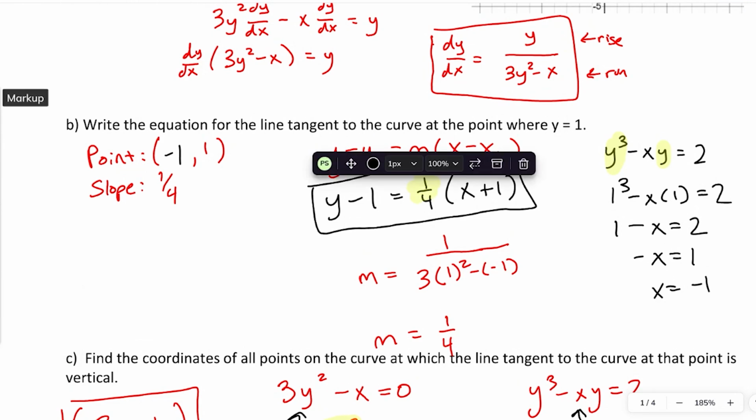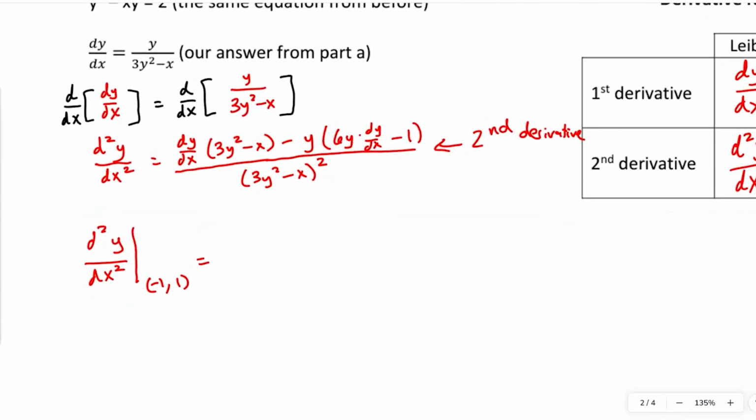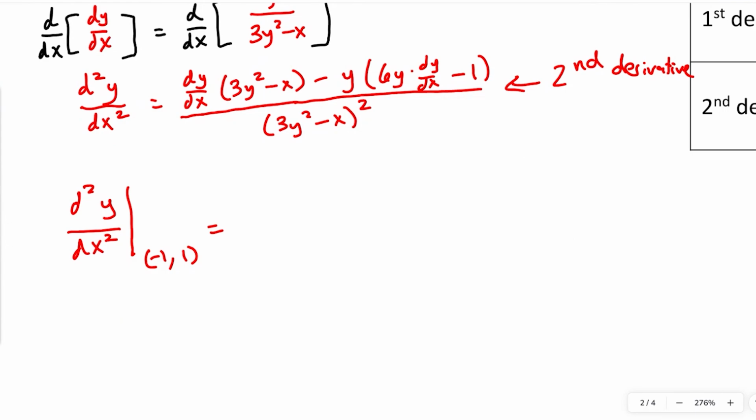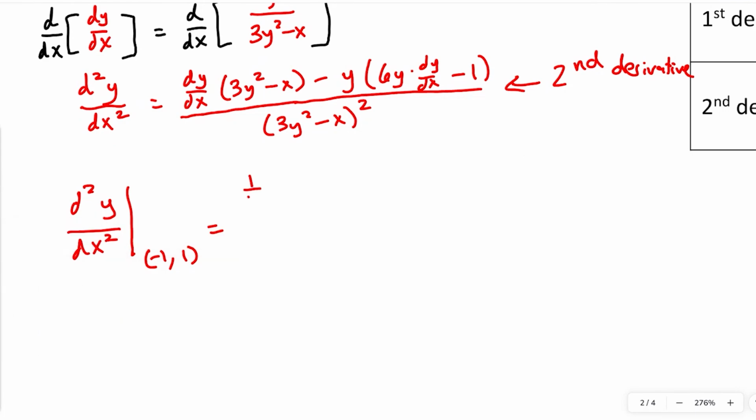It's the 1/4. If this were an isolated problem, you'd have to do that separately, but since we already did that, we'll just take advantage of the fact we already know what that's going to be. And so that dy dx is 1/4. Everything else should be pretty straightforward, just plugging in negative 1, 1.